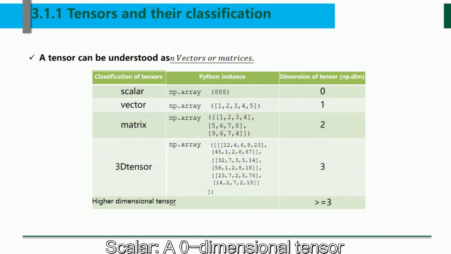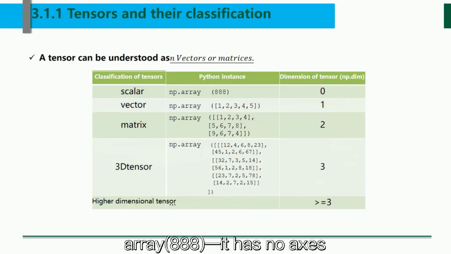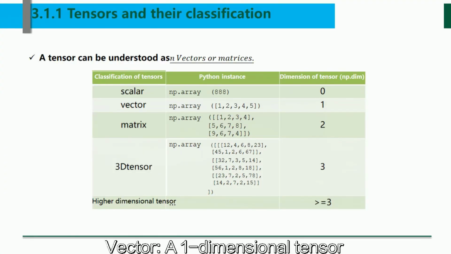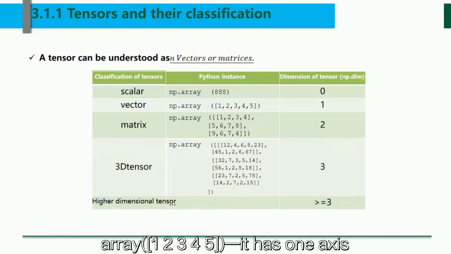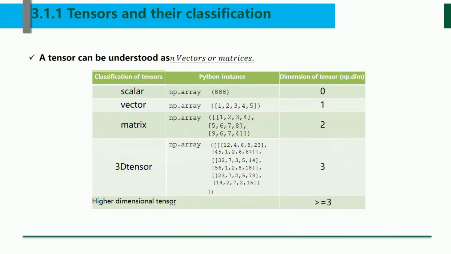A scalar, a zero-dimensional tensor, like np.array(888), has no axes, just a single value. Vector, a one-dimensional tensor, like np.array([1, 2, 3, 4, 5]), has one axis, like a list of values.